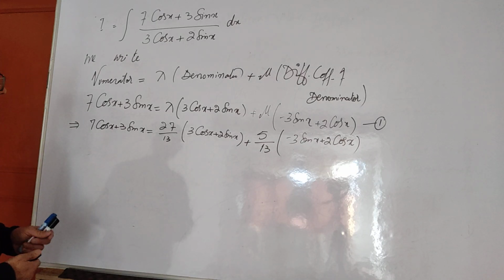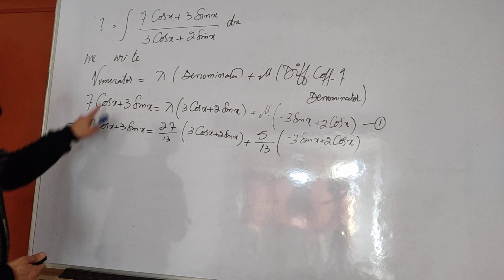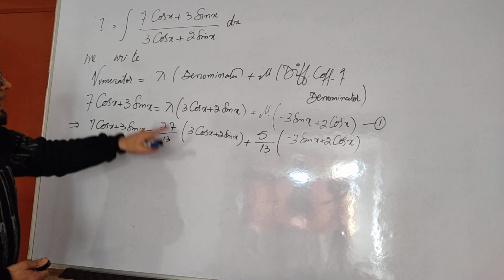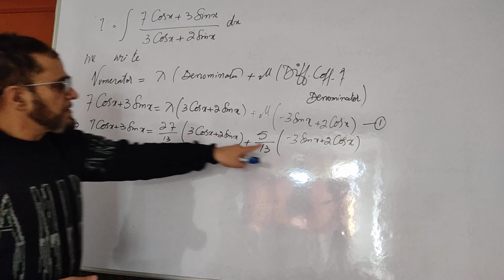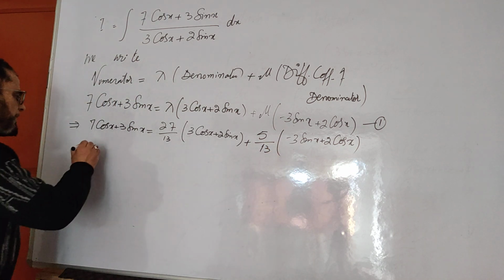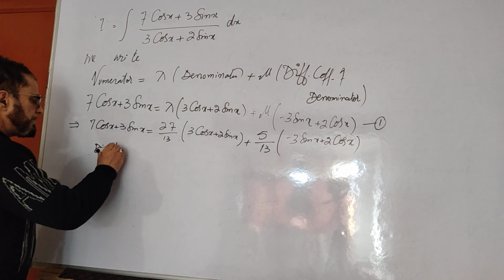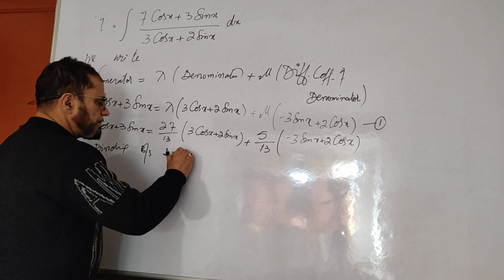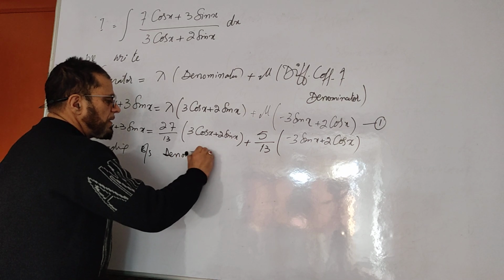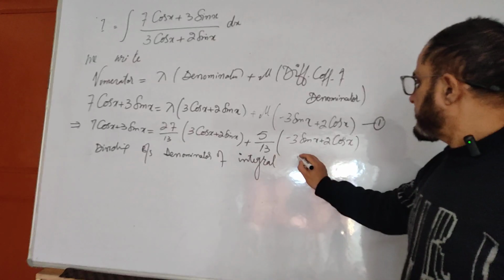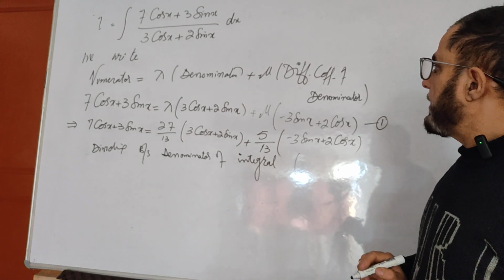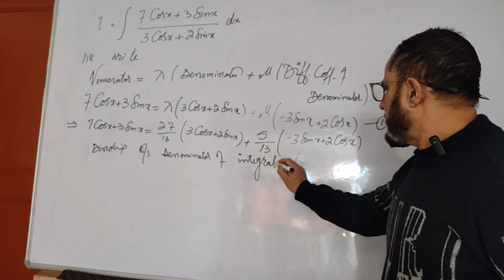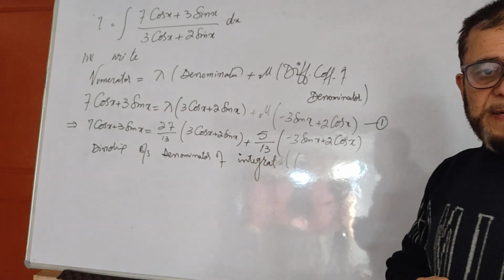Now, very important stuff, how we go on. You have this numerator, that is 7 cos x plus 3 sin x, this is the denominator, and this is the derivative of the denominator. After this setup, we divide both sides by the denominator of the integrand.